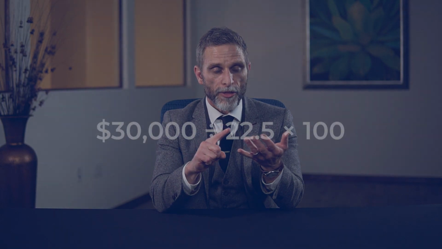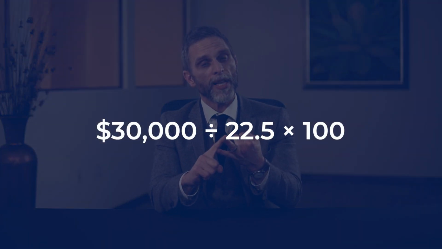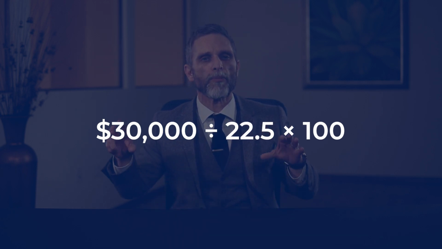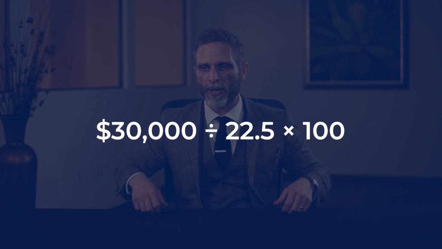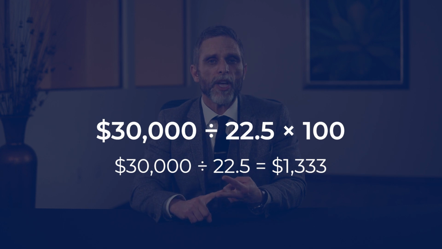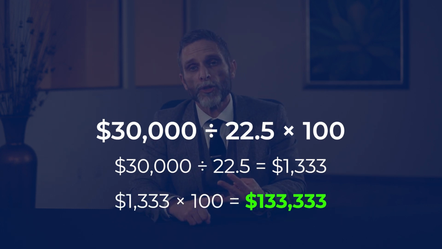We're going to take $30,000 and divide it by 22.5 and multiply it by 100. I'm sure there's a more fancy way of expressing this from an algebraic perspective, but we're just making this very simple. So $30,000 divided by 22.5 is $1,333. We multiply that by 100, we come up with $133,333.